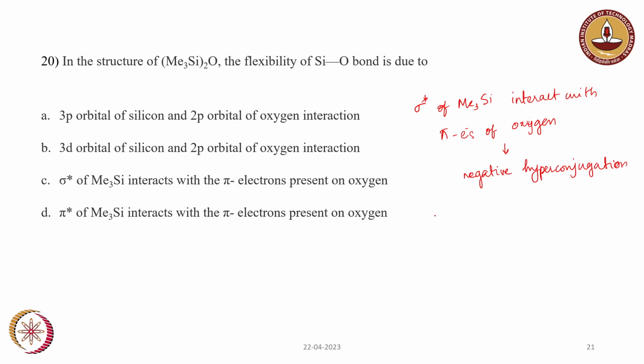So this transfer is oxygen 2p to sigma star of Si-Me3.